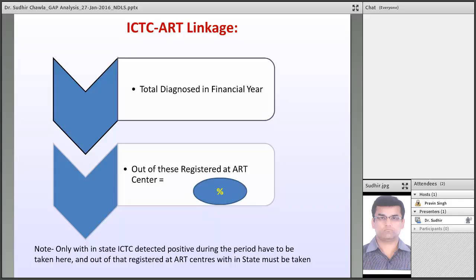Then we have to go to the ICTC line list to check the reason behind this gap, where these patients are, whether they are registered with some other ART center or whether they are in private or paid care or something like that. So we have to go into the ICTC line list of patients and see the reasons behind these gaps, and accordingly we can take steps to decrease this gap.